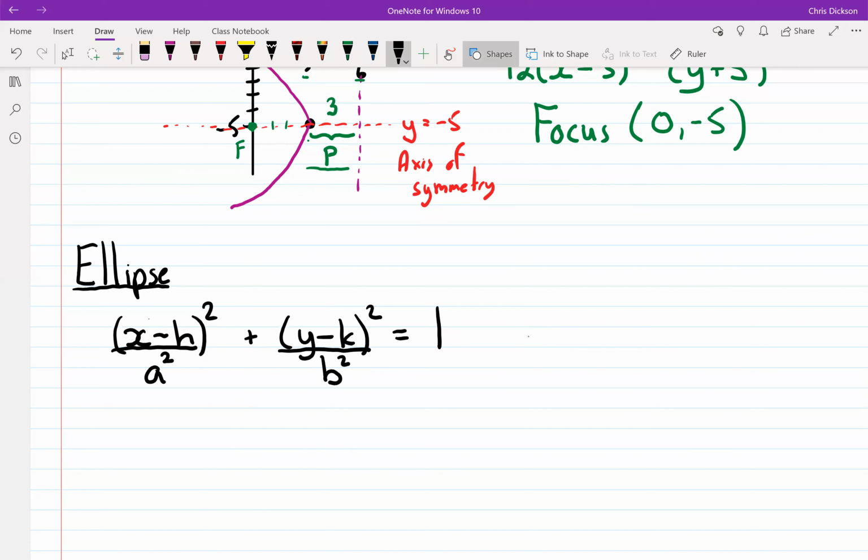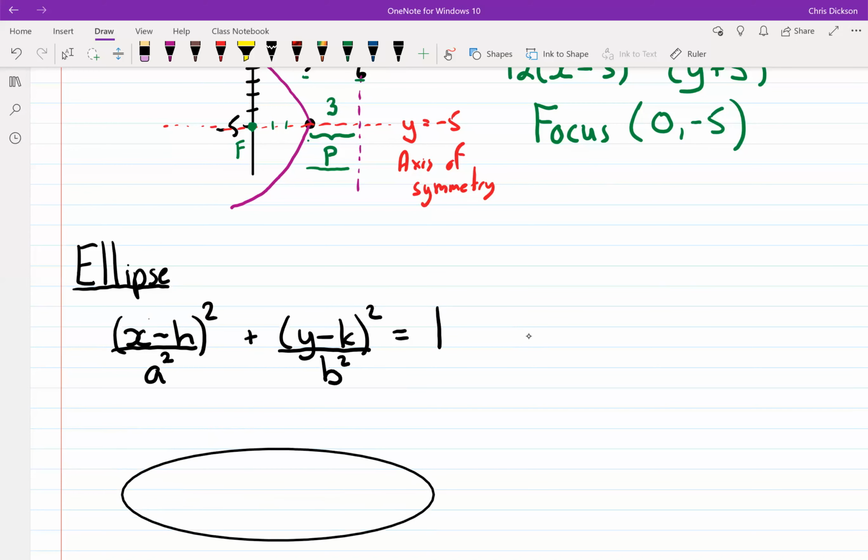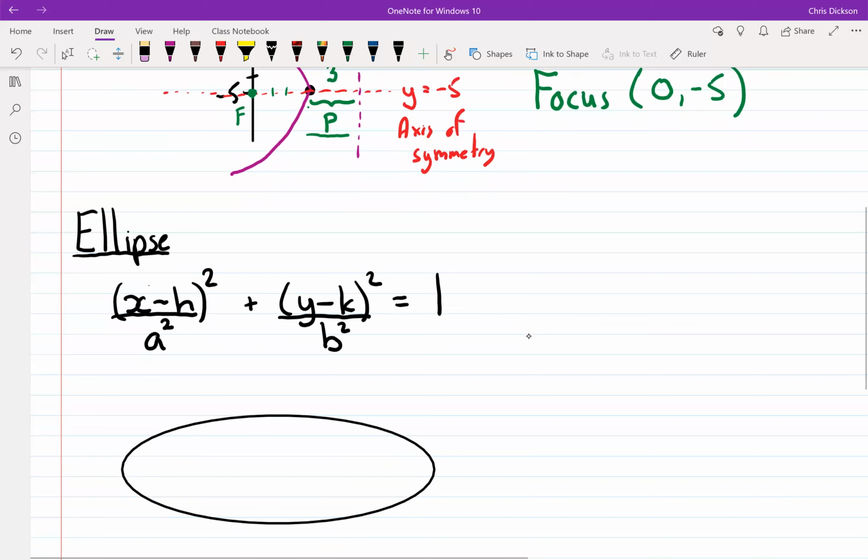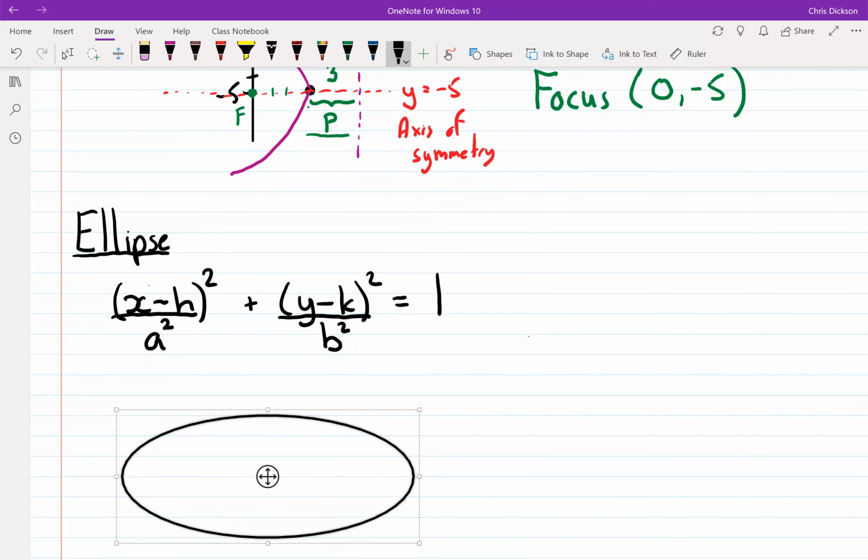So I'm going to draw an ellipse that would fit this definition. There we go. There's my ellipse.